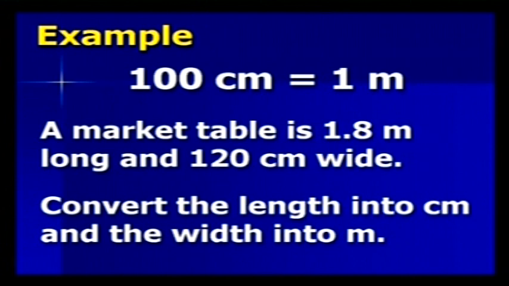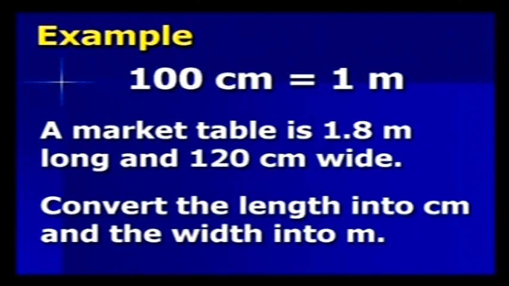So because you are converting between those two units, centimeters and meters, how many centimeters in a meter? 100 centimeters in a meter. So when you want to change 1.8 meters into centimeters, do you multiply or divide?